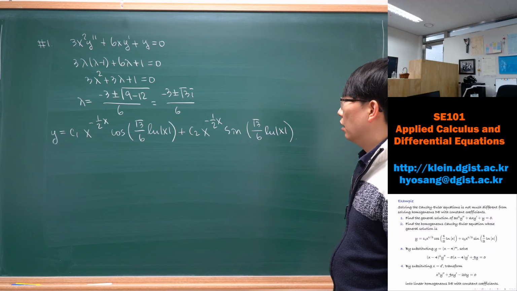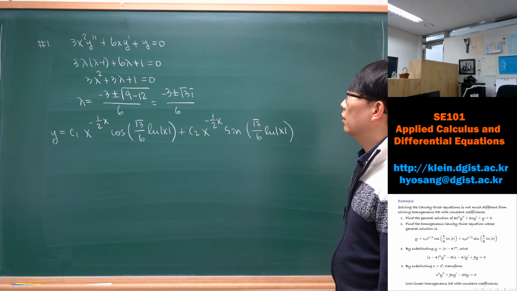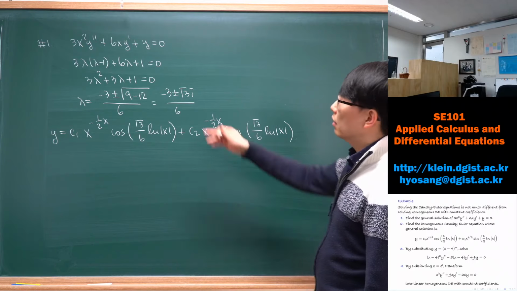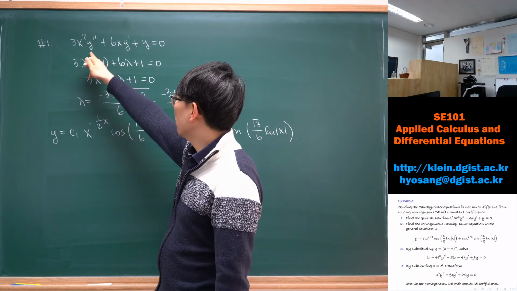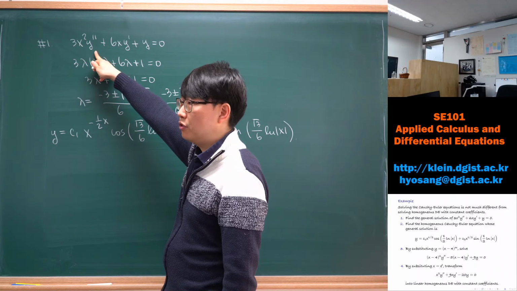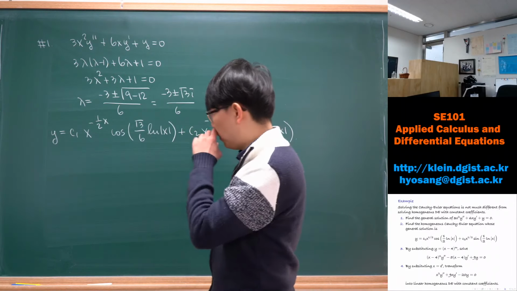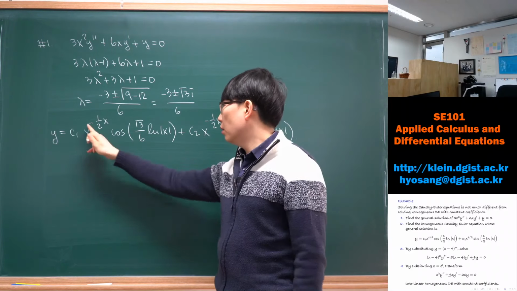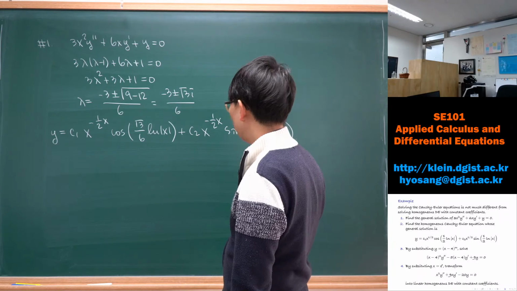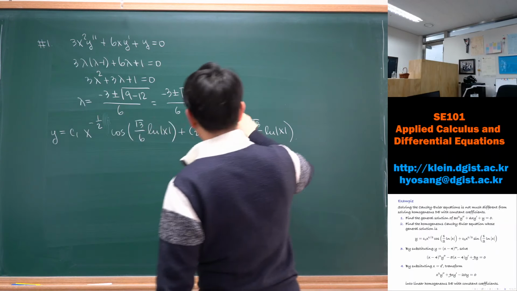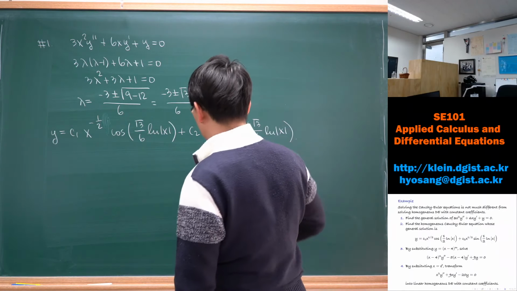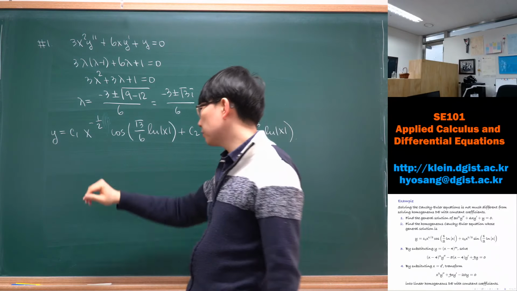One comment I want to make is you might ask, although there's no indication that y is a function of x, how do we know that y is a function of x? I'm sorry, I got confused with the exponential, that doesn't make sense.